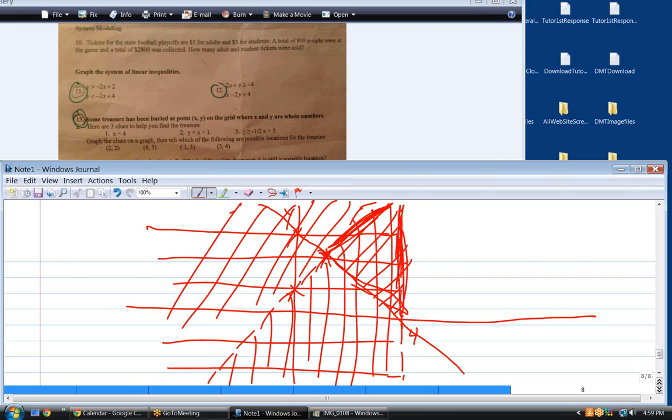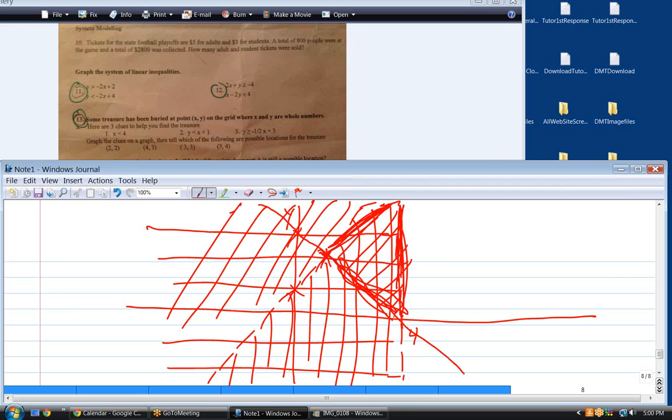So our solution set has to be inside there. In other words, any x value, or the x and y whole numbers, there's probably only a few whole numbers that are inside that solution set. We certainly can't figure them out from my graph, because I don't have a grid on it.